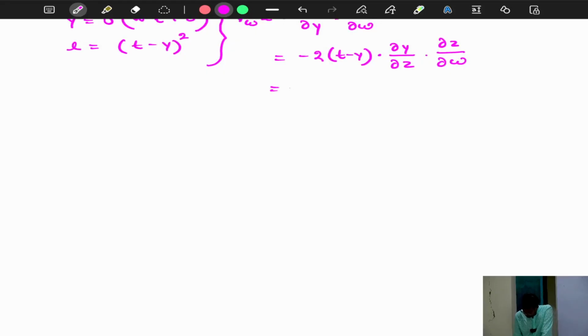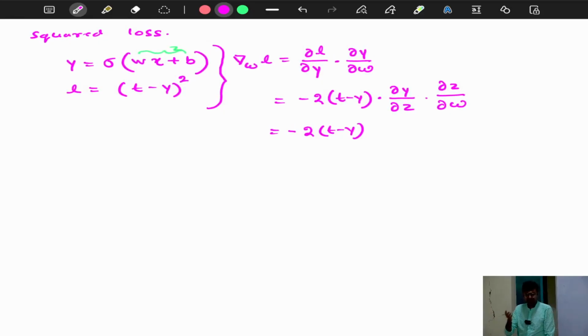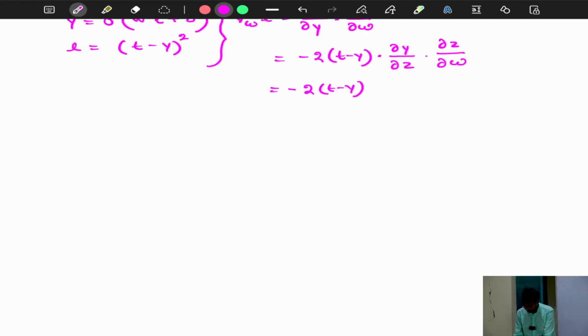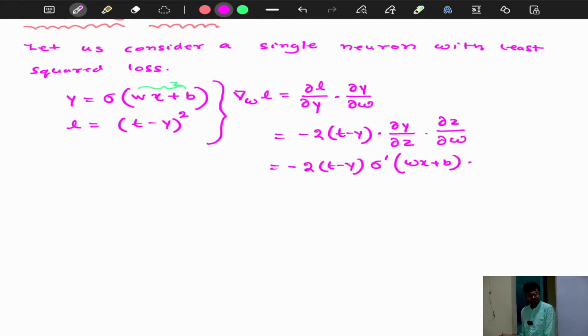This is equal to minus 2 t minus y. What is del y by del z? Sigma dash. I have not defined sigma, it can be ReLU, can be sigmoid. Because I have not defined it exactly, we write sigma dash, the derivative of sigma. So, sigma dash of z, which is wx plus b, multiplied by del z by del w, which is x.